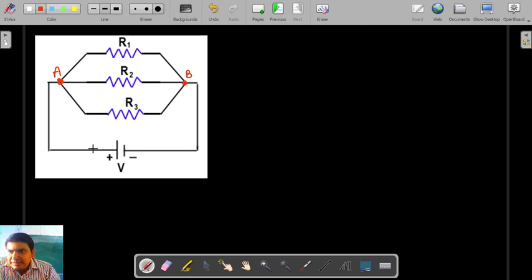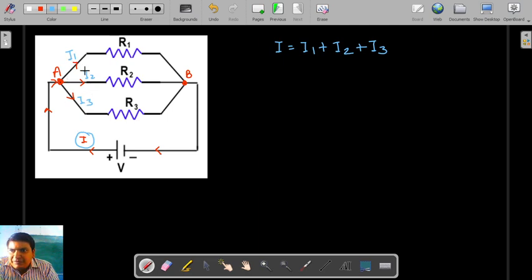Now you can see that current is coming from the positive terminal and goes to the negative. When the current reaches this terminal, it will divide into three parts. Suppose this one is called I1, this one I2, and this one I3, which means we can conclude that I equals I1 plus I2 plus I3, because the total current I is divided into three parts.